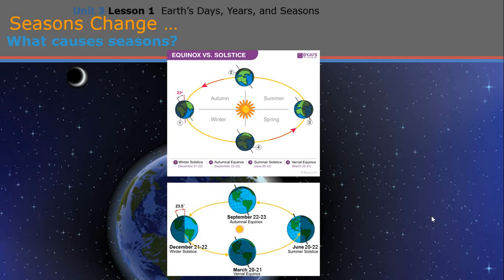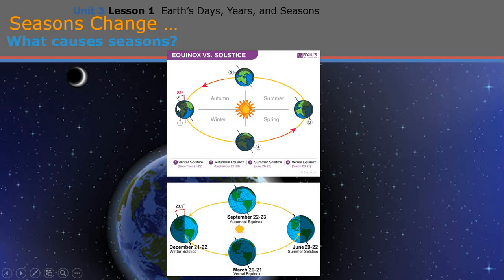Now, if I look at planet Earth at position number 1, what do I see? The northern hemisphere here is in darkness. That means all this way here is autumn. It's preparing to be tilted away from the sun.